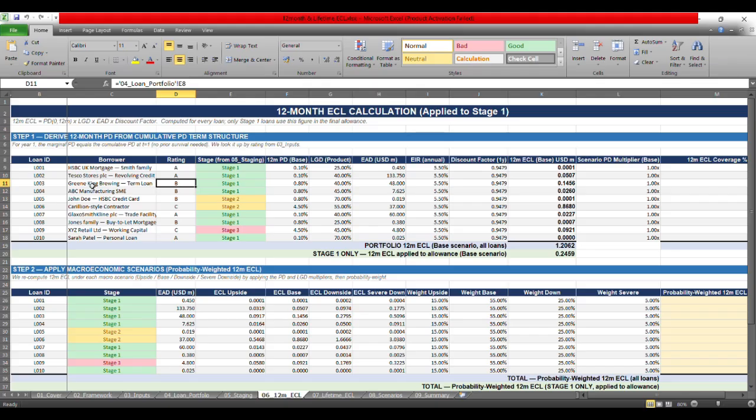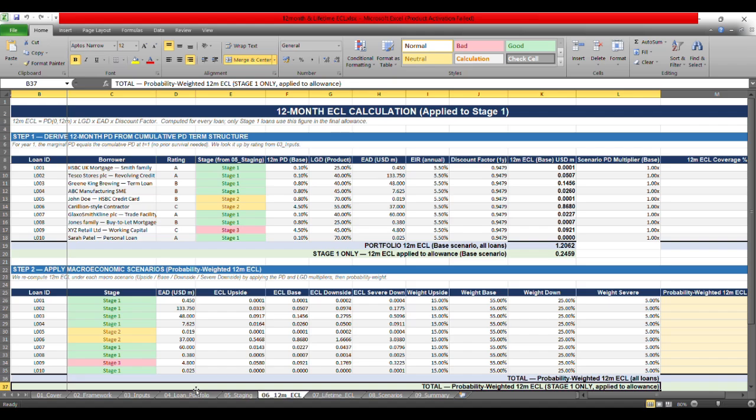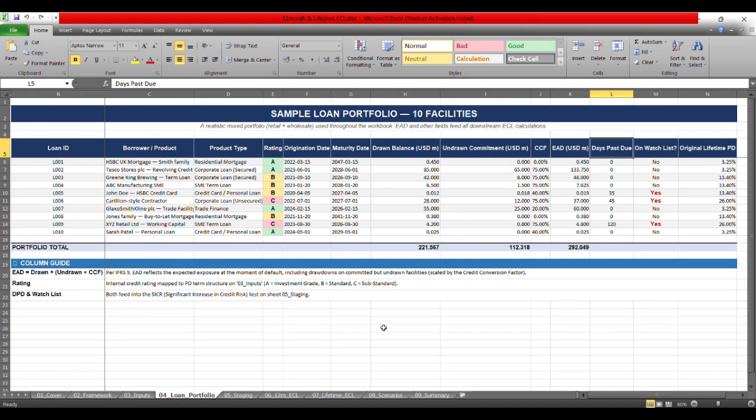So the 1 year PD is pulled from the term structure based on the loan rating. The LGD is pulled from the product type table. The EAD is from the portfolio sheet, because here we have calculated the EAD.